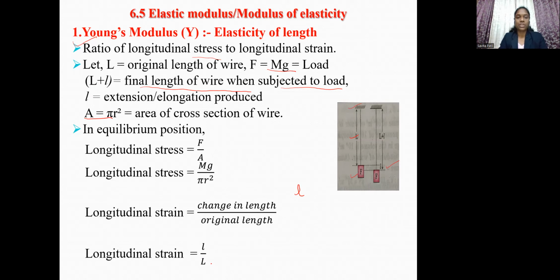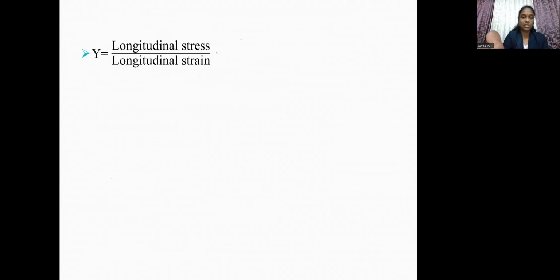Now let us write the equation for Young's modulus Y, as it is the ratio of longitudinal stress to the longitudinal strain. Substituting the equation of longitudinal stress and that of longitudinal strain, we get Y is equal to F into capital L divided by A into small l.